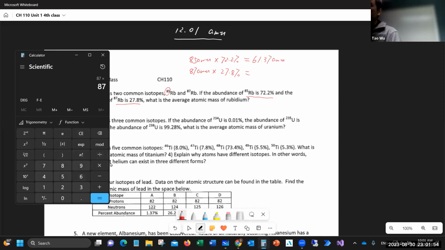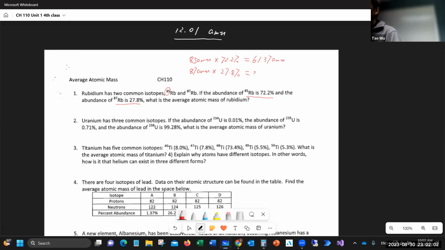Then 87 times 27.8 divided by 100 gives 24.156 AMU. Okay, so now you add those two numbers together.